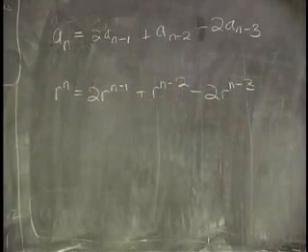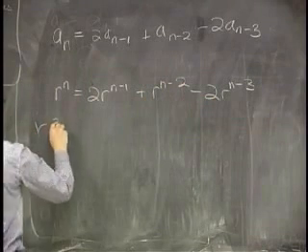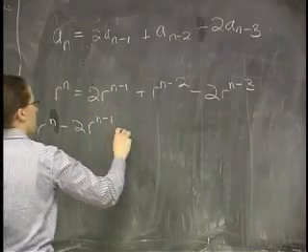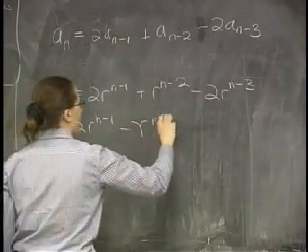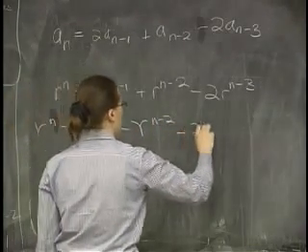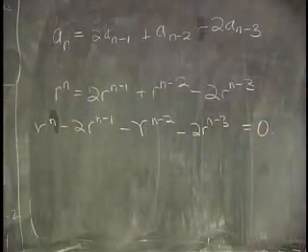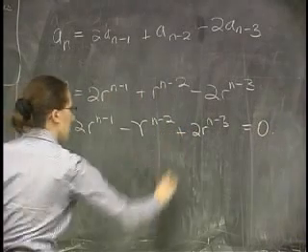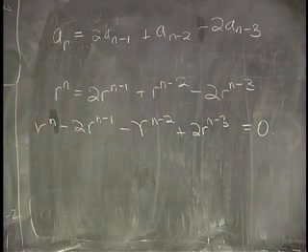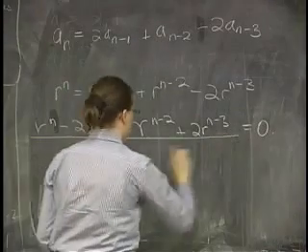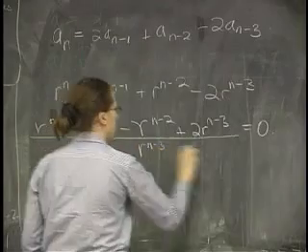Now I pull them all over to the left-hand side of this equation. So I get r to the n minus 2 r to the n minus 1 minus r to the n minus 2 plus 2r to the n minus 3 is equal to 0. Okay, so now I divide through both sides by r to the n minus 3.